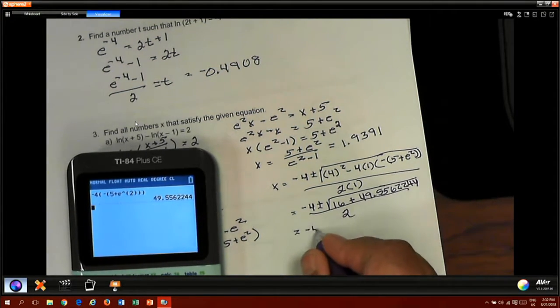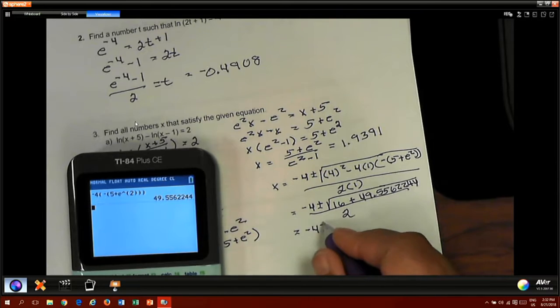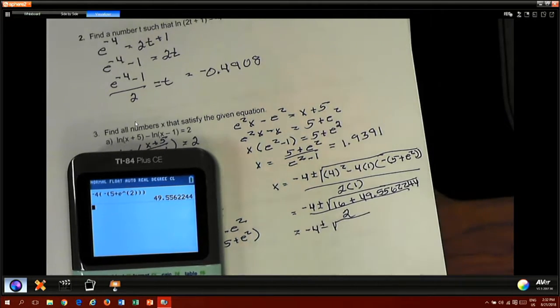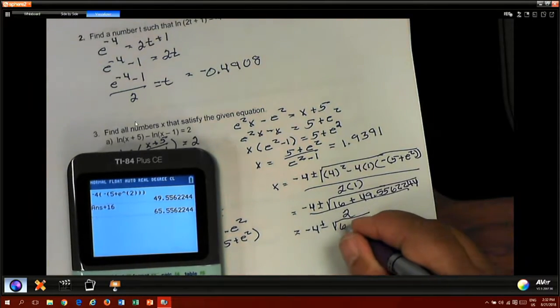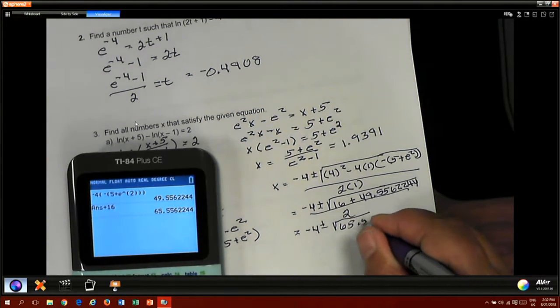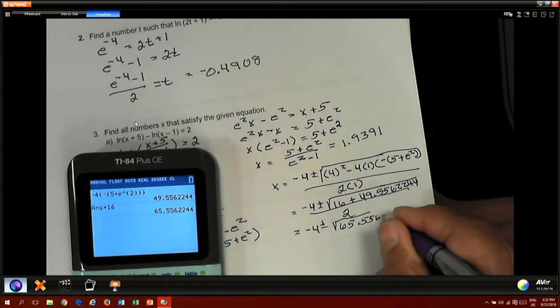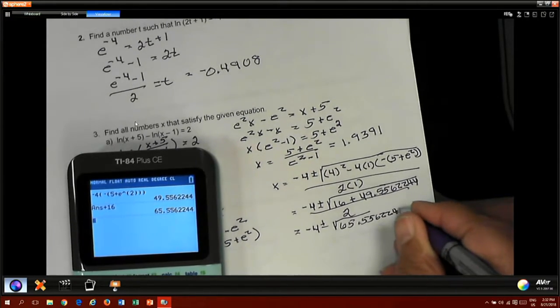So we have negative 4 plus or minus the square root of 65.5562244 over 2.